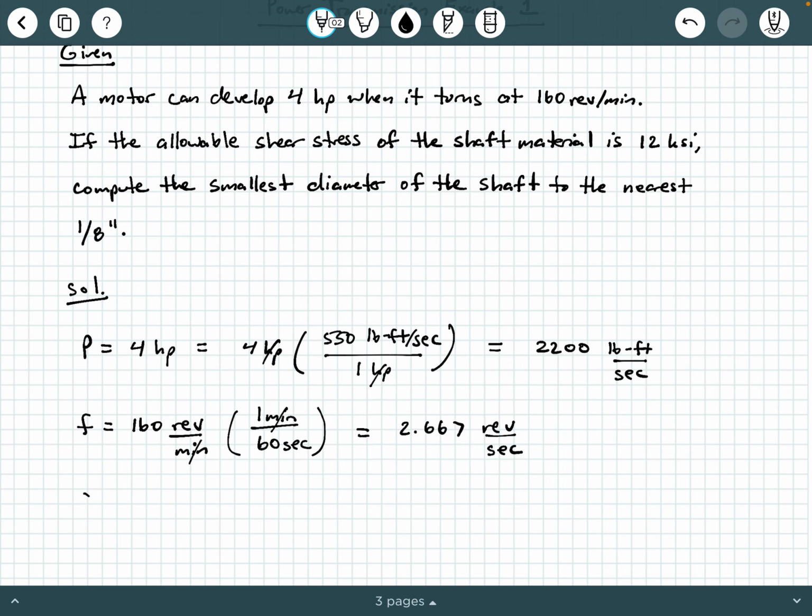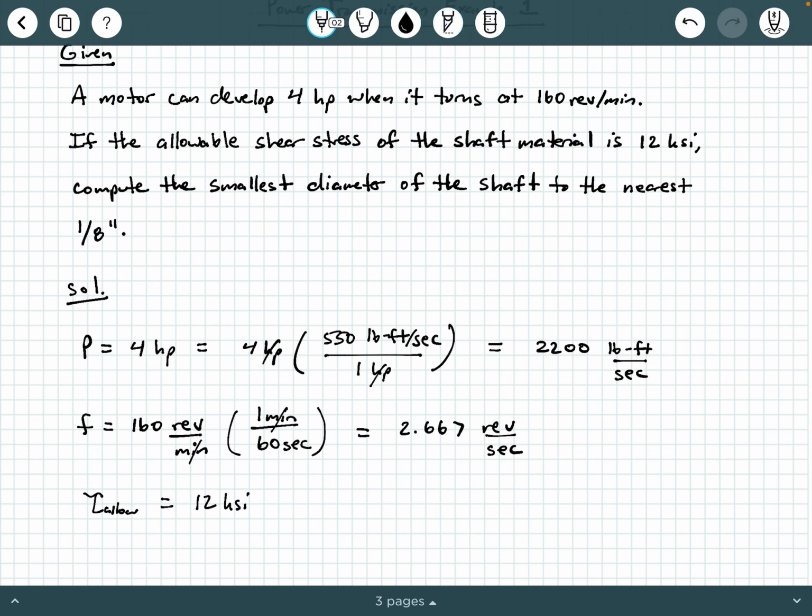And then we were told that tau allow is 12 ksi. So again, we've got to be careful here. We have 12 ksi, and back up at power we have 2,200 pound-feet per second. We need consistent units of force and length.